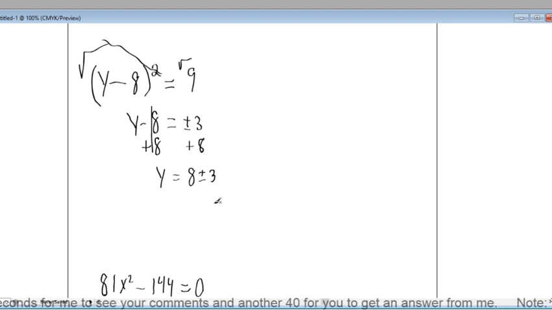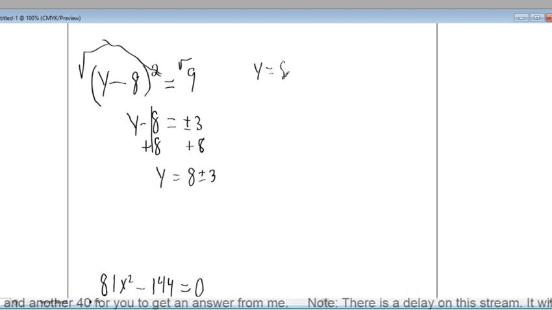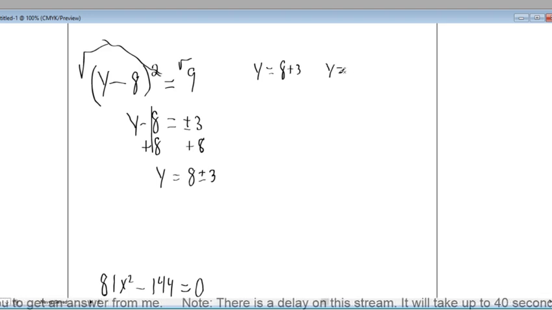So from this point, we need to actually break up that plus or minus into two different situations. One where we have y is equal to 8 plus 3. And another where we have y is equal to 8 minus 3.